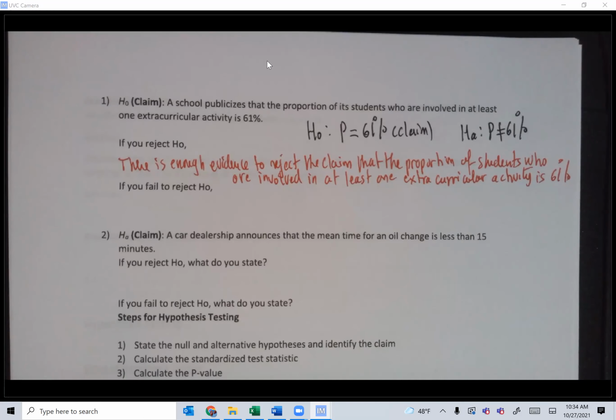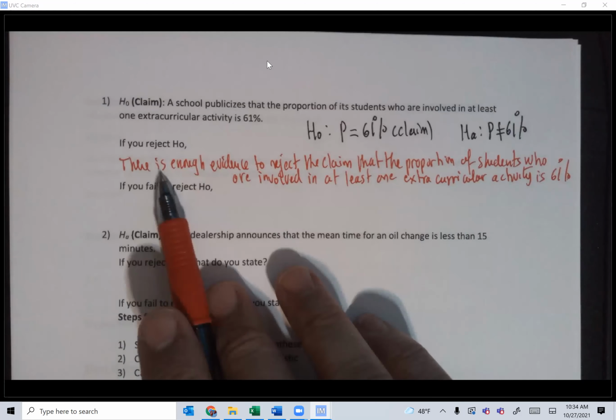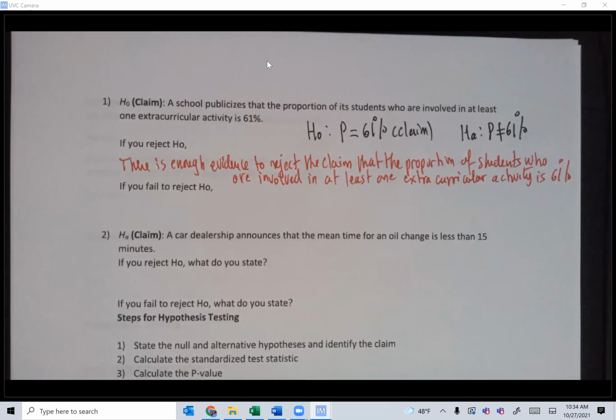That's when you reject H0. If you fail to reject H0, you just add the word not to this. There is not enough evidence to reject the claim.